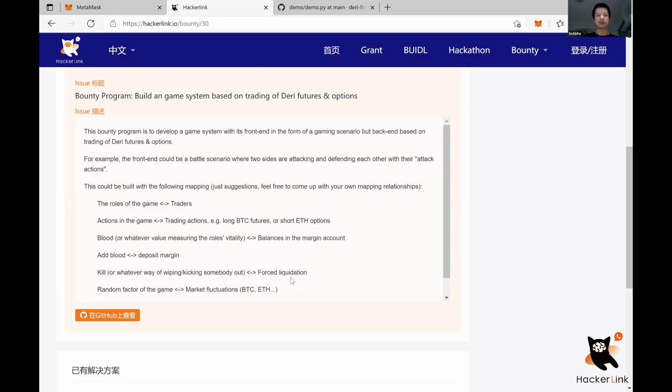Usually you need some random factor in the game, and there's a very natural random factor in the financial context, which is the market fluctuation, right? The price of Bitcoin goes up and down, Ethereum too, and all the other trading symbols that I just showed you, the Xfinity, Mobox, Sand, Addis, whatever.